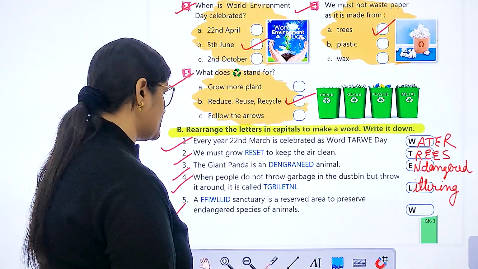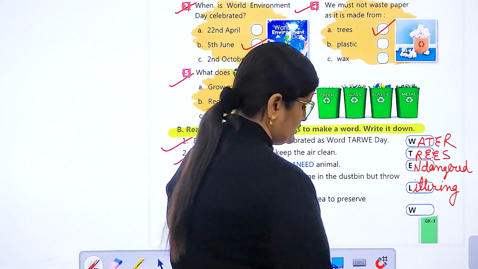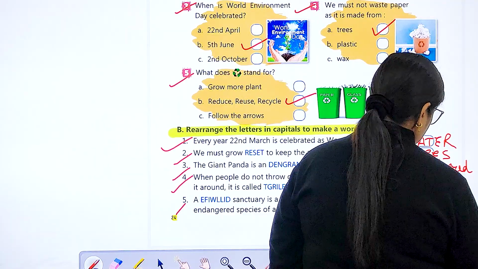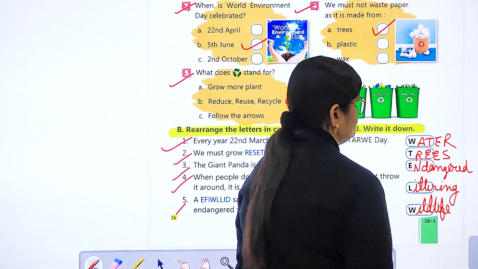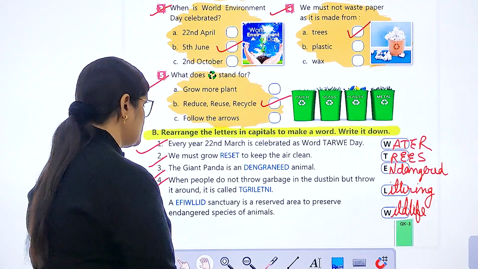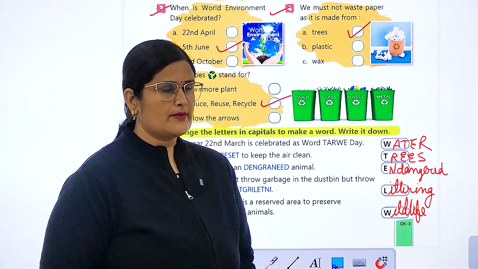A wildlife sanctuary is a reserve area to preserve endangered species of animals. Wildlife. Okay, so dear students, this chapter is over. So now let's begin the next chapter.